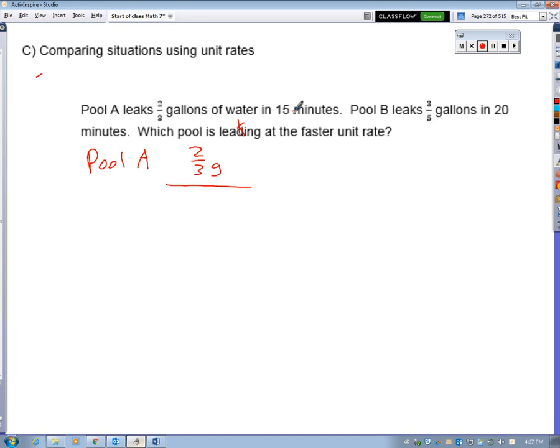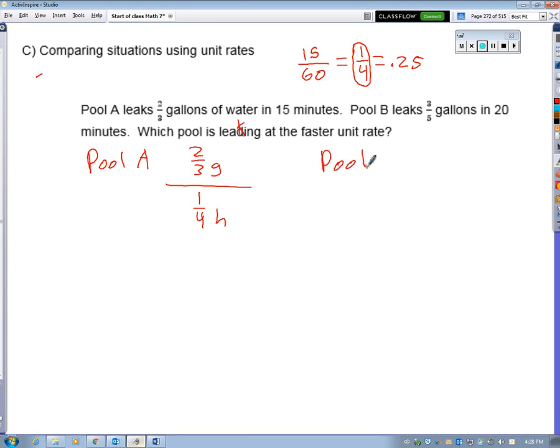So we're going to make a fraction out of 15 minutes and convert that to hours. 15 minutes out of 60 minutes in an hour simplifies down to 1/4, which is the same as 0.25. That's nice and easy to work with. But I already have a fraction here, so let's use 1/4. So we're at 1/4 of an hour for pool A.